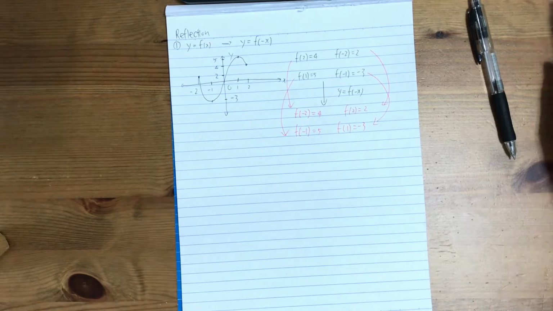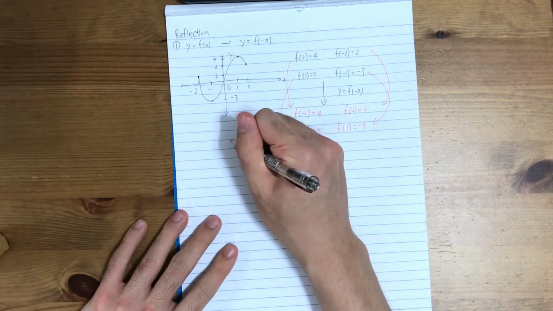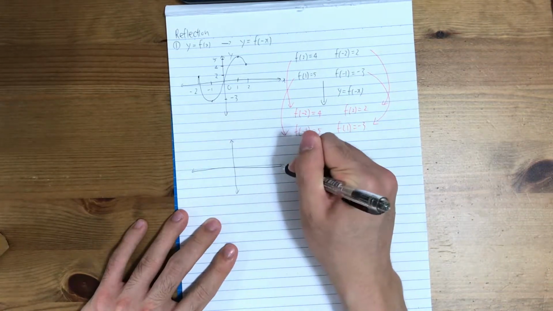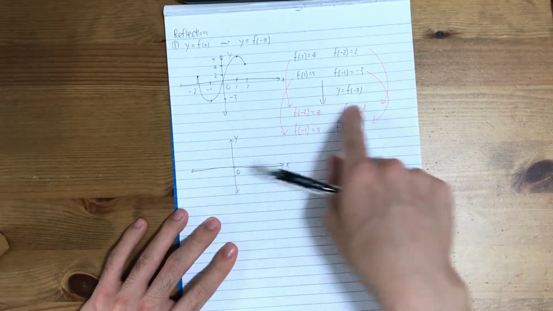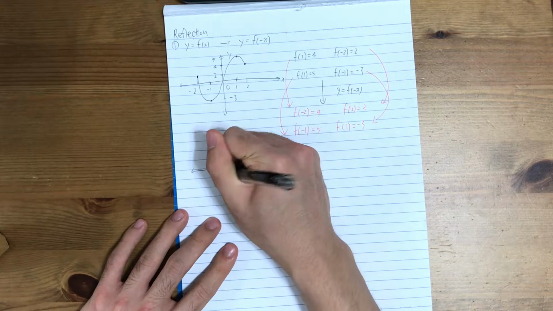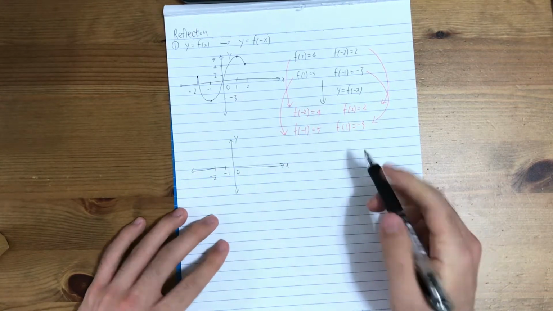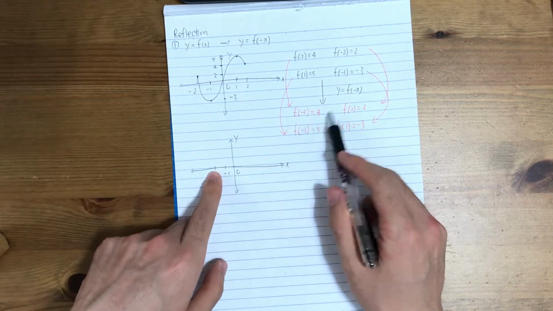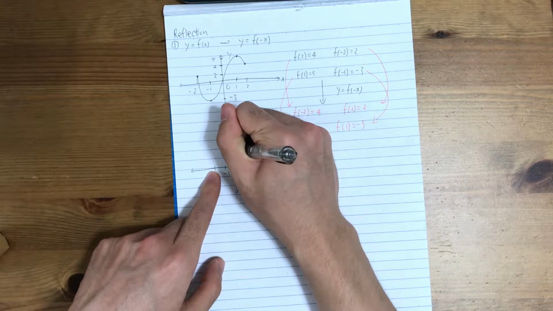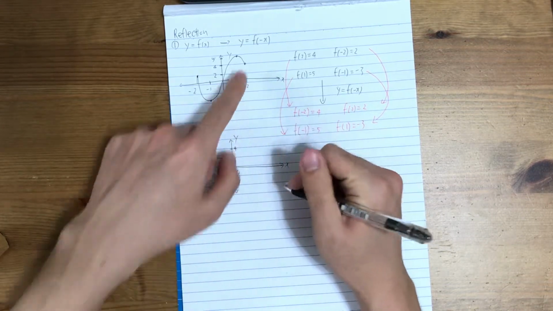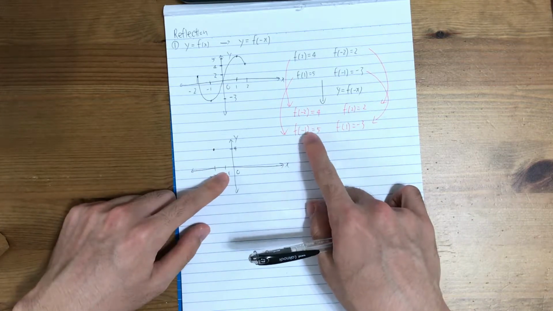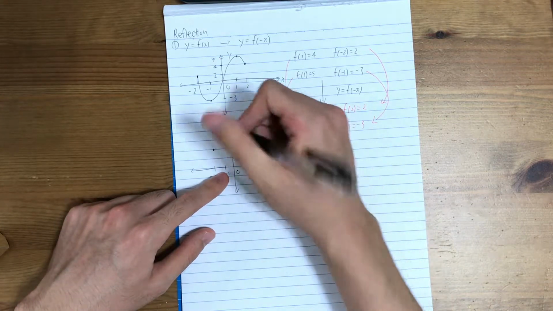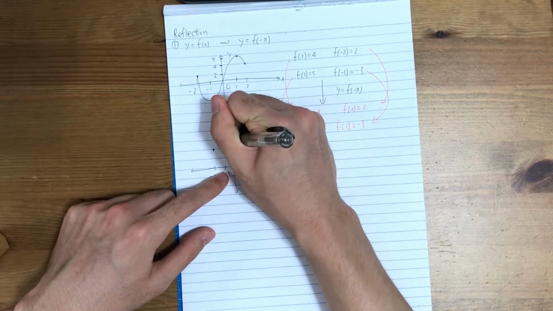So we have these 4 points. And if we sketch the graph based on this new information, when x equals negative 2, we will have a value of 4. And when x equals negative 1, we will have a value of 5.